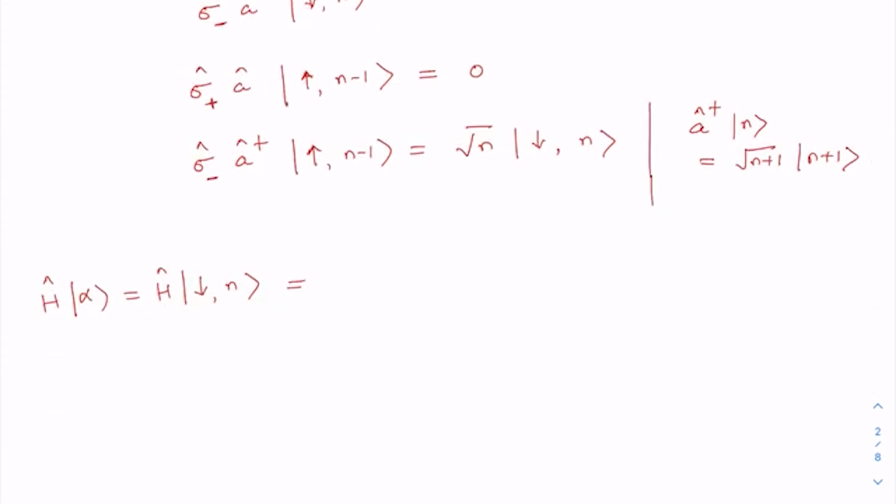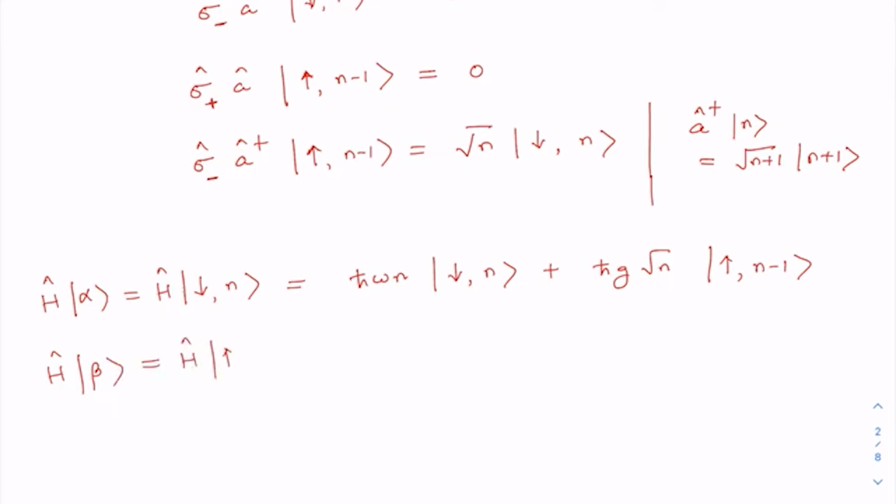You are going to get ħω n, atom in the down state and n, and another term, ħ z square root of n, up state of the atom and n-1. Again you can work out H of beta, all the terms we know.